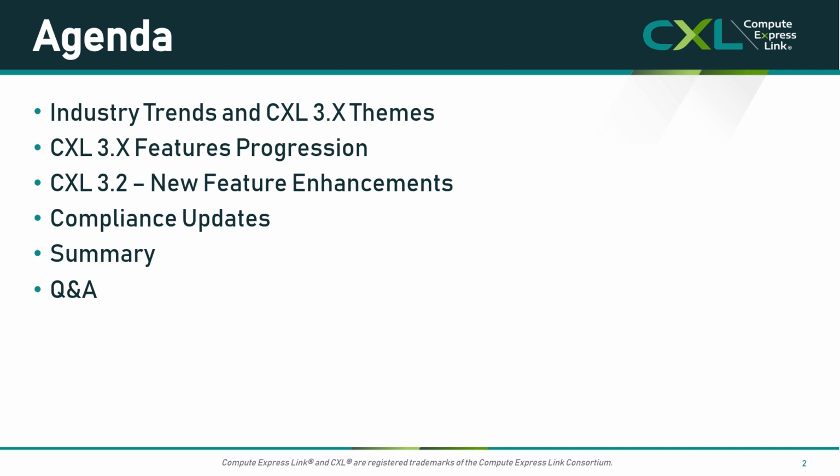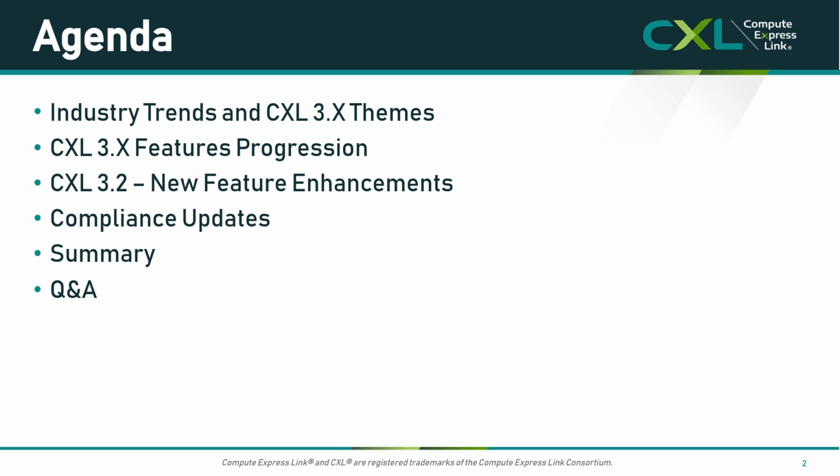Okay, so here's the quick agenda that I have. Let's go over the industry trends, some of the backdrop behind CXL 3.x, the environment under which we were constructing 3.x. Key themes of the CXL 3.x feature set. By 3.x, I mean 3.0, 3.1, and 3.2. Right? There are three versions of CXL 3 specs out there. We'll talk about feature progression as to how some of the features evolved.